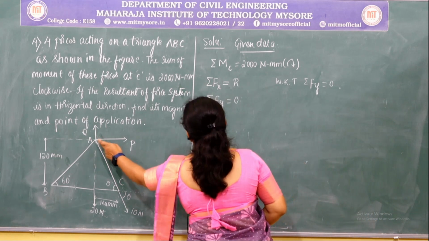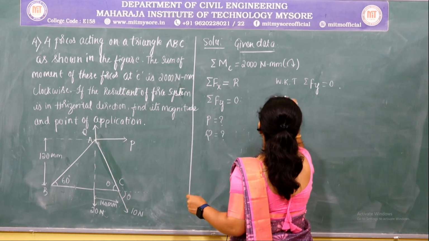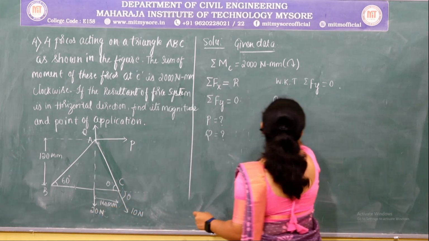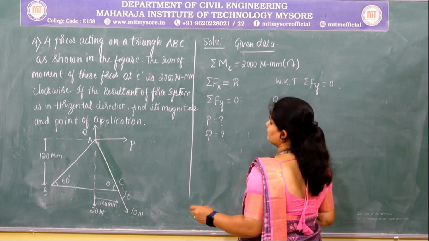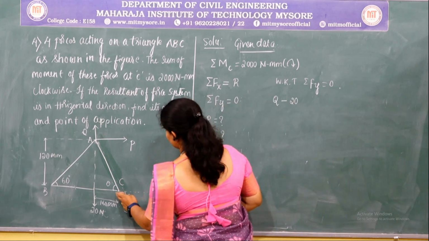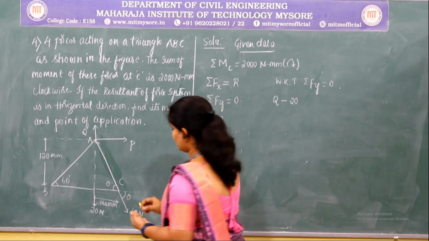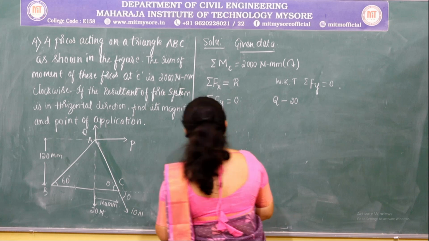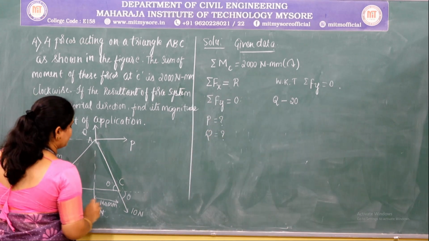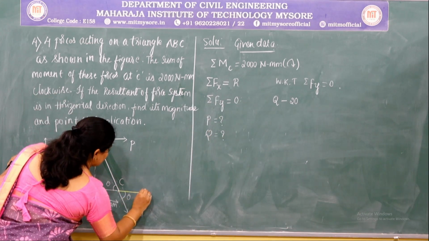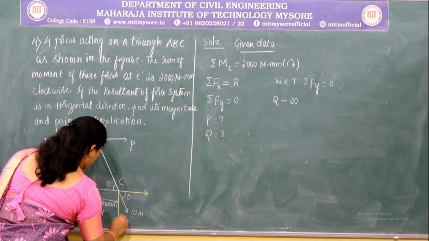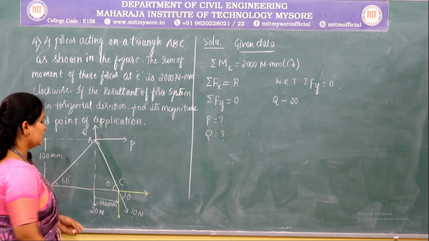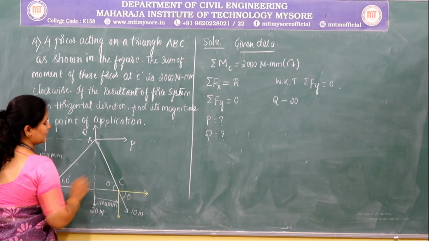At point A, there is an upward vertical force Q. Here there is a 20 Newton force acting vertically downwards, and at this point C, there is an inclined force 10 Newton. First we shall resolve this given force, whose direction lies in the fourth quadrant. So first we shall find this inclination angle.